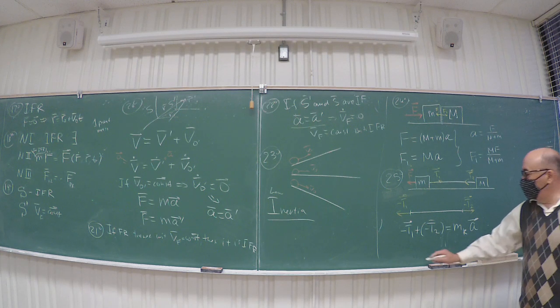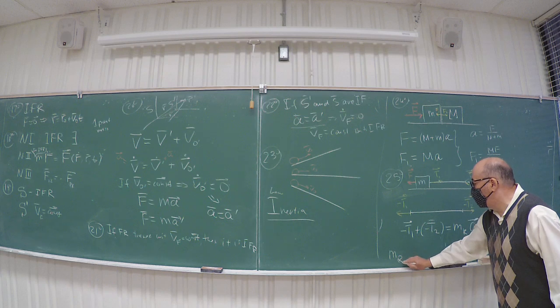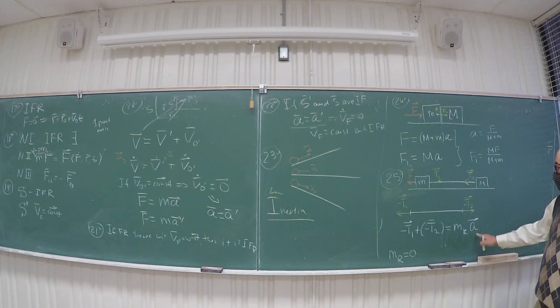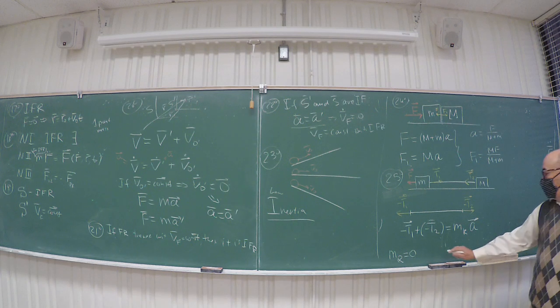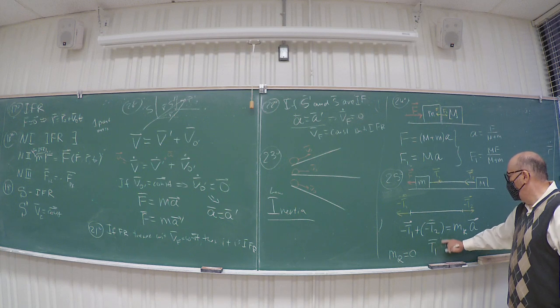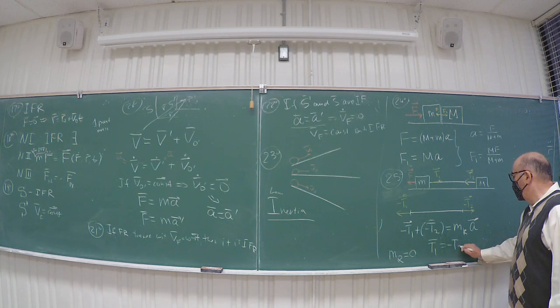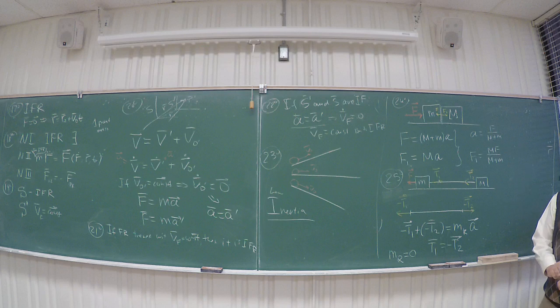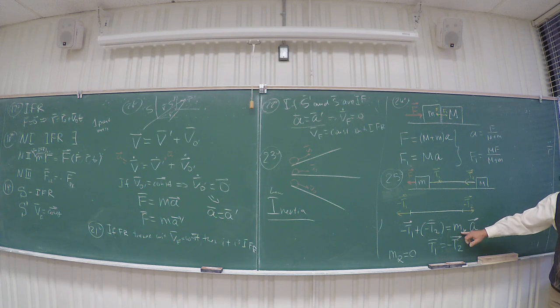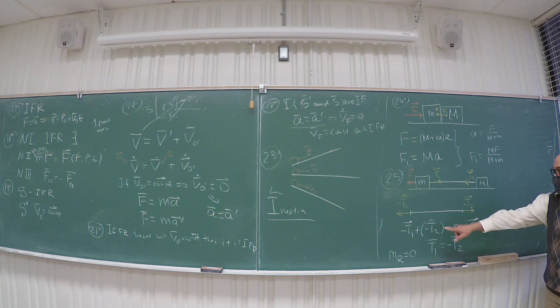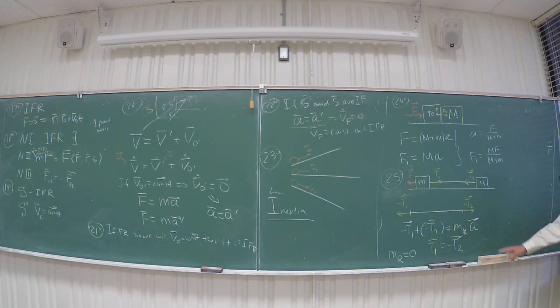And only under the condition that the rope is massless, we see that T1 is equal to negative T2. They are opposite and equal. But if the rope has mass and it moves with acceleration, then these 2 forces are not equal. The difference is ma.